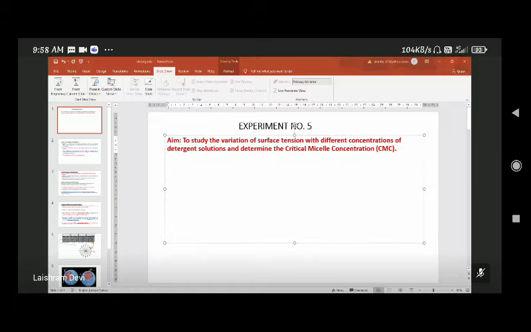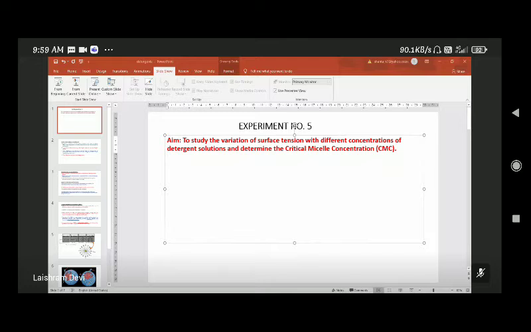All of you must have some idea about it, but still let's have a brief idea about what detergent actually is and what its role is in surface tension, right? First, there are some substances known as surface active substances, or in short surfactants. Surfactants means surface active substances.